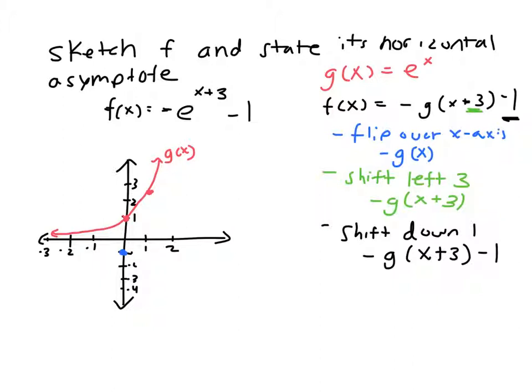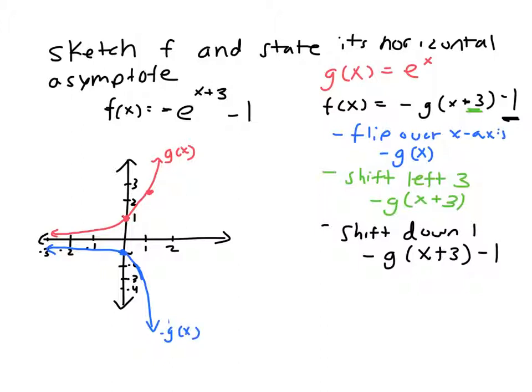So that's going to be down here. I'm just going to draw this, kind of flipping it. It needs to go a little steeper than that. So here's the 2 point something, something like this. All right, so that's negative g of x.